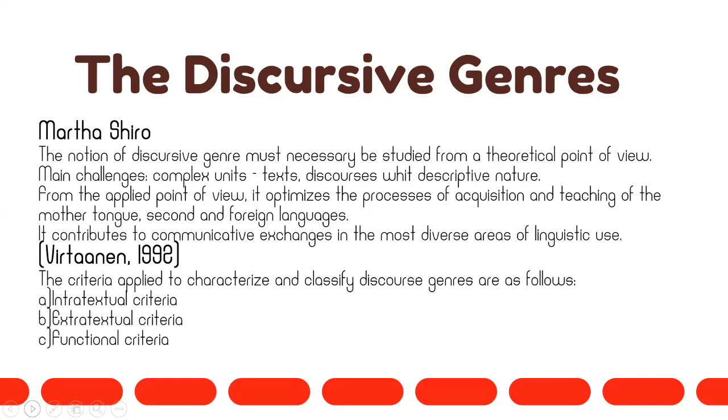Functional criteria. A combination of intratextual and extratextual criteria that allows detecting the communicative purpose and intentionality that underlies the text as a whole. With this criteria, genres are focused on a social practice and the meaning generated through discursive construction, which are revealed, as well as the expectations and consequences that this construction has on people who produce and consume the discourse.